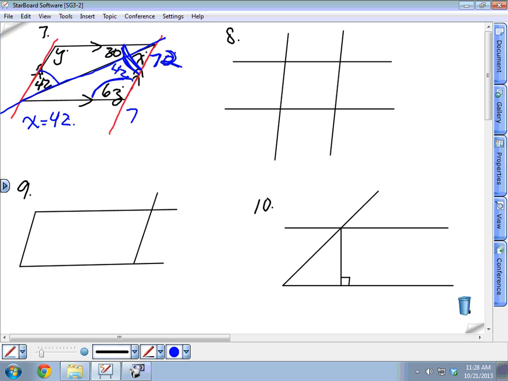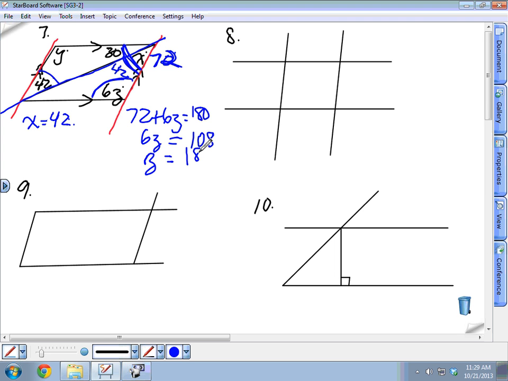So 72 plus 6z is equal to 180. So 108 is equal to 6z, so z is equal to 18. What means y is equal to 108?